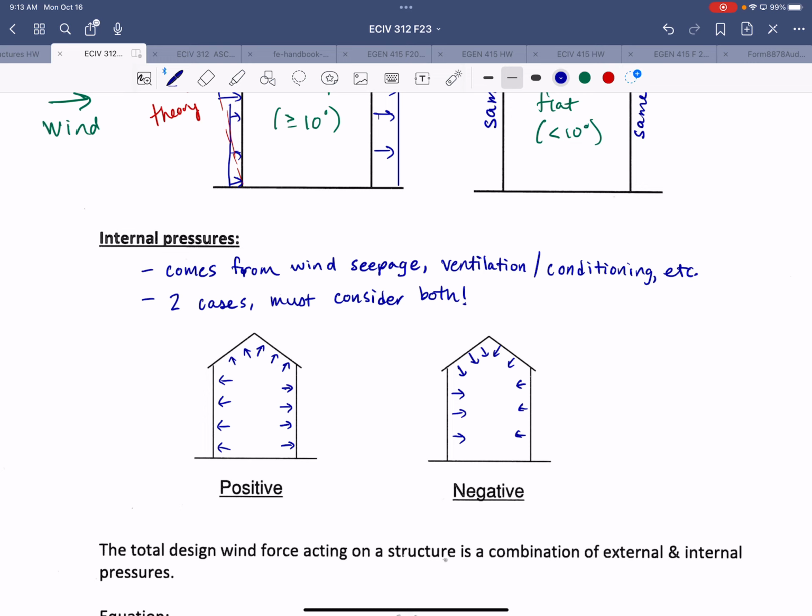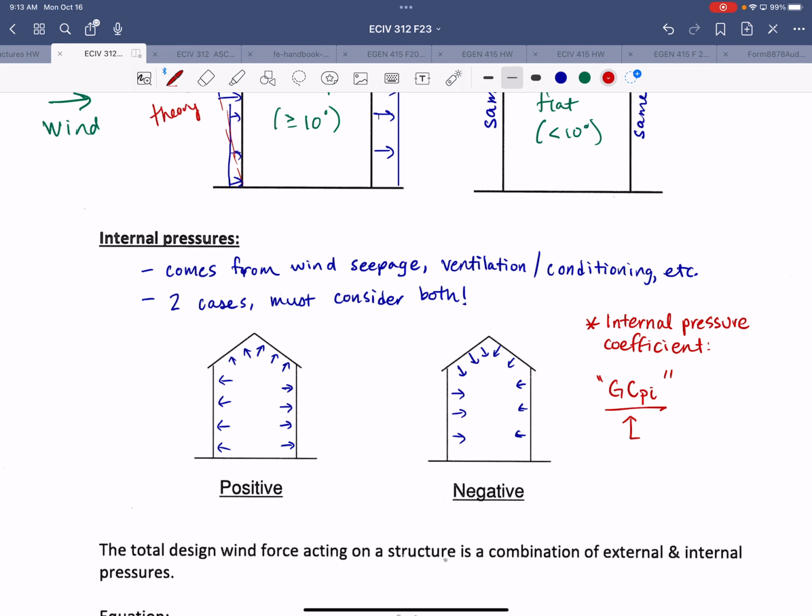So the way this is accounted for is through what we call an internal pressure coefficient. This internal pressure coefficient has 4 letters associated with it. Makes things a little more confusing at first, but we call it capital G, capital C, and then PI. This represents a single value from a table.